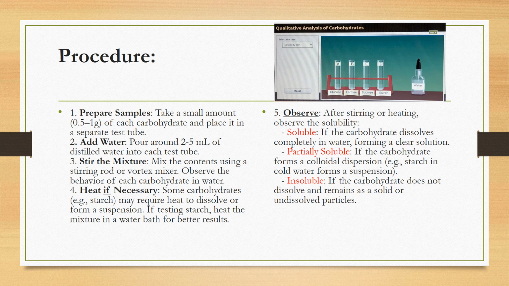Okay, so now the procedure. Number 1, prepare samples. Take a small amount, 0.5 to 1 gram of each carbohydrate, and place it in a separate test tube. That means we will have 4 test tubes, one for each sample.